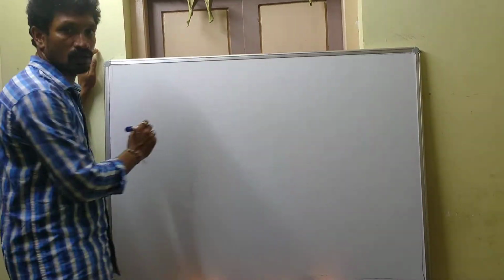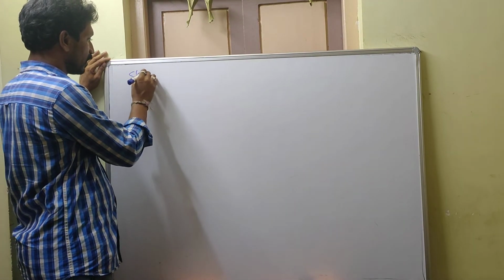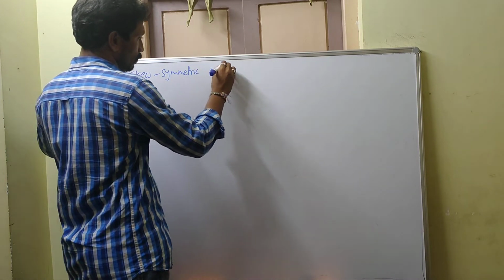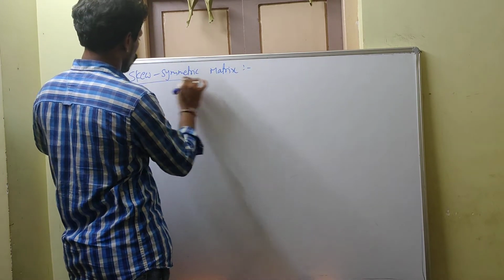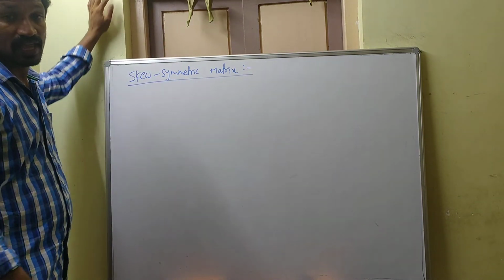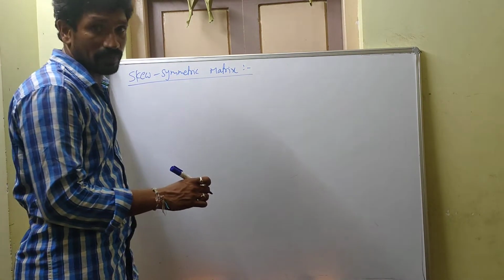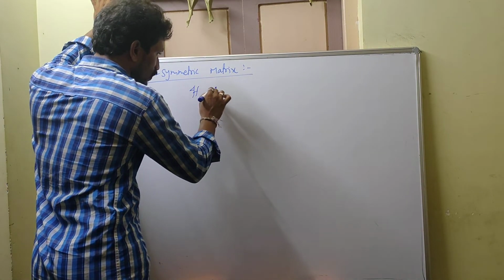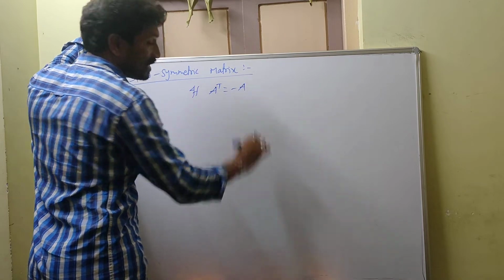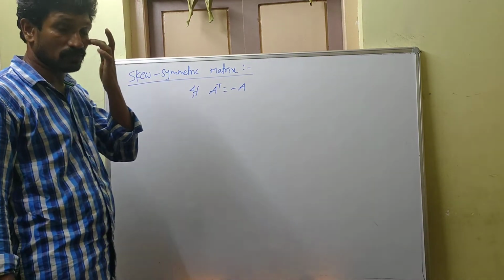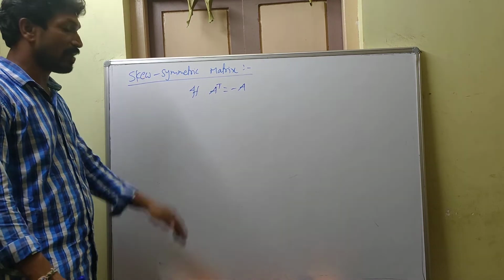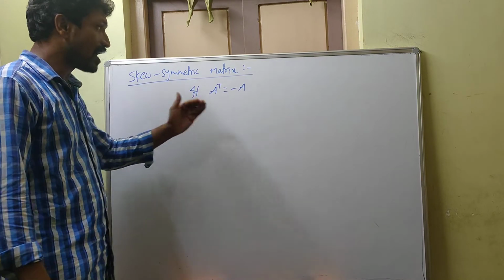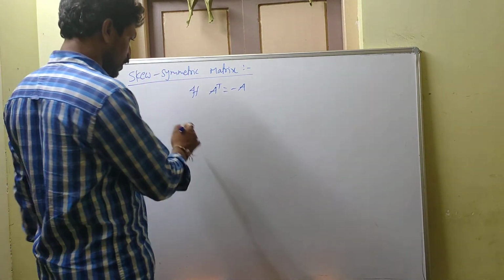Next one is the skew symmetric matrix. A square matrix A is said to be a skew symmetric matrix if A transpose is equal to minus A. When a matrix is skew symmetric, I give the general form.